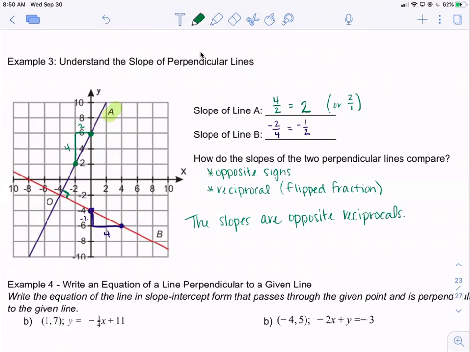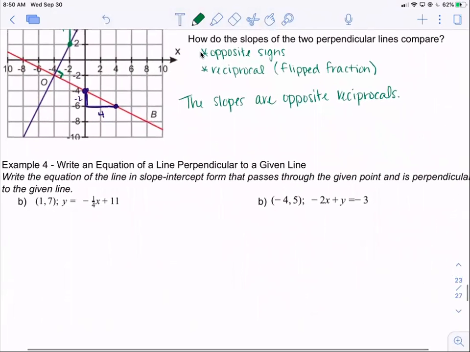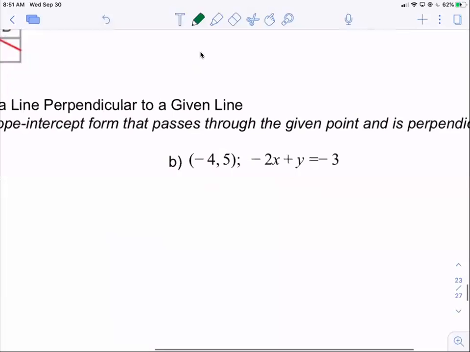Okay. All right, so now let's write an equation of a line perpendicular to a given line. Let's do example B. We have the point (-4, 5), and we want to be perpendicular to the line -2x + y = -3. So this is our line 1.